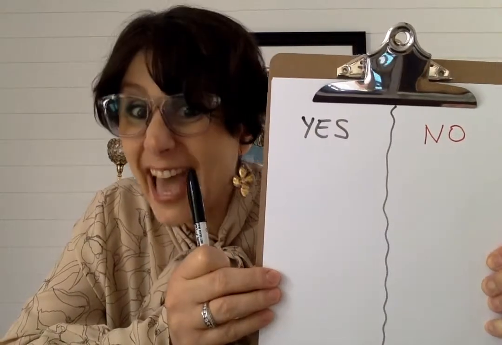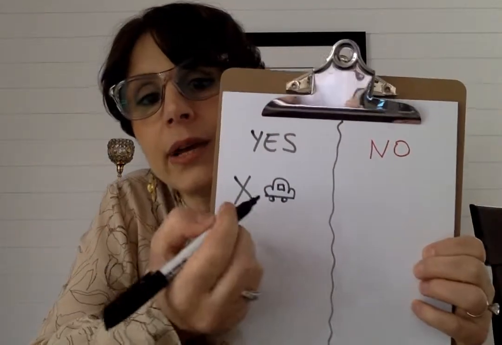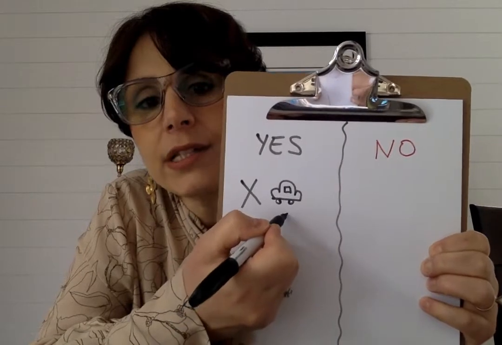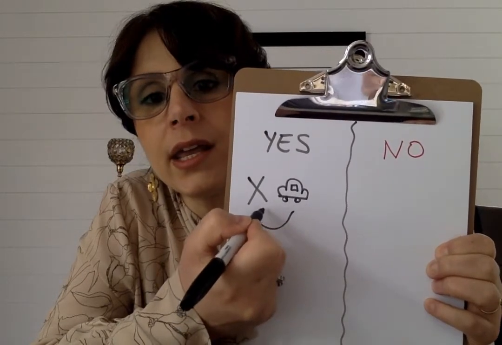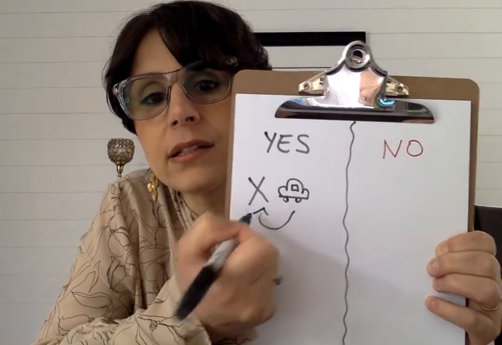So yes is I might have an X on the floor where Tommy can play with the car set. So he can play with the car set on the X.